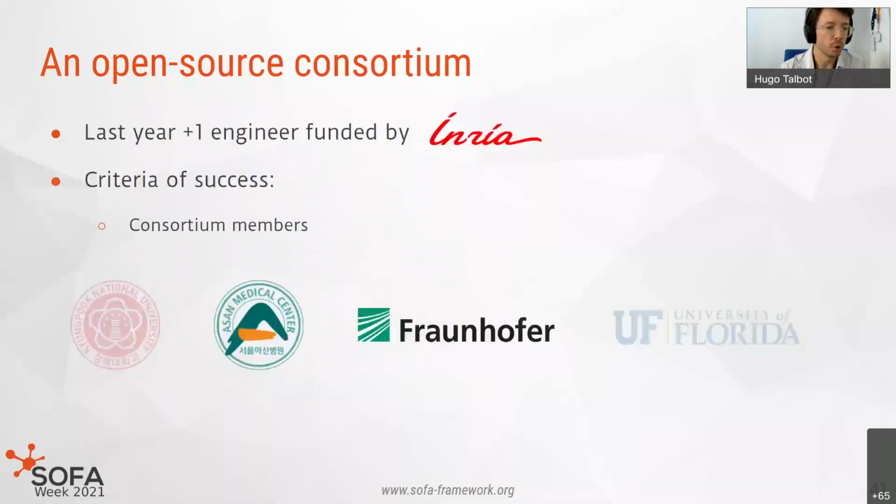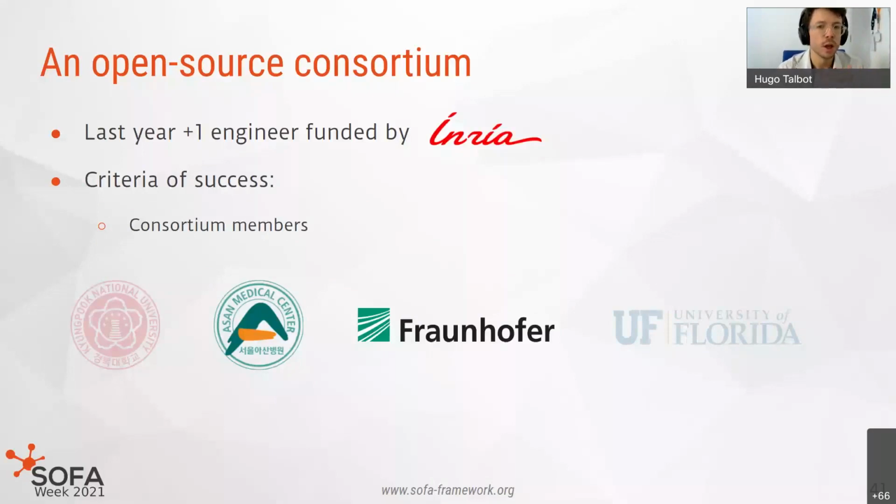Last year, we got more and more engineers. One more, Fred, dedicated to SOFA. We could even get more, but that's a question of the criterion given by INRIA to commit more and more developers to the SOFA project.